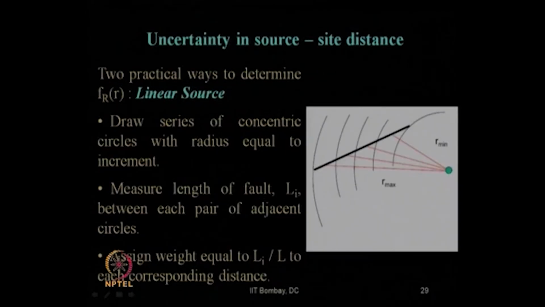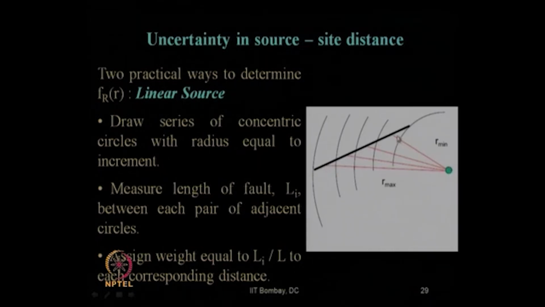So, how to do this? Let us see. There are two practical ways to determine this probability distribution function f of r as a function of r. Let us take the example first for the linear source, that is, our fault or source has a linear dimension like this.